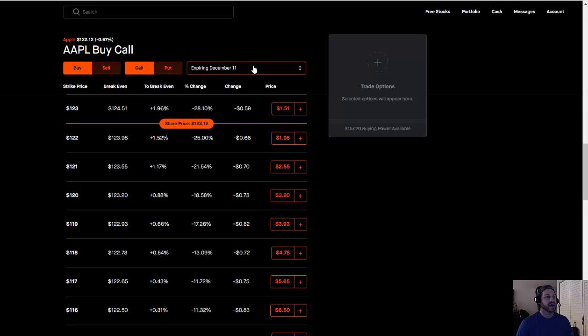When we're looking at this tight time frame, in order to purchase something cheap enough that still isn't too risky, you have to be in within a week or two. For instance, we're going into this week where December 11th, Friday, is when this would expire.